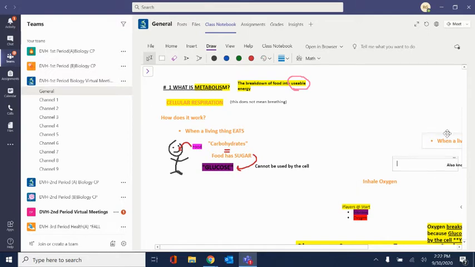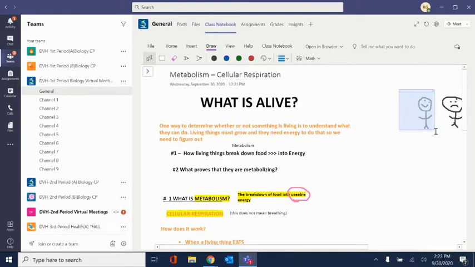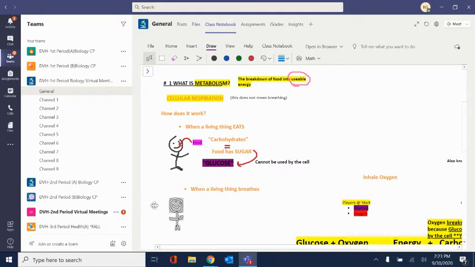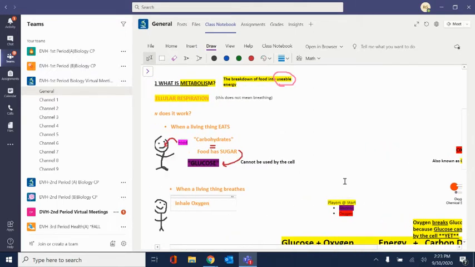Well, when a living thing breathes, so let's get our guy again. When our little guy breathes, he is inhaling oxygen.